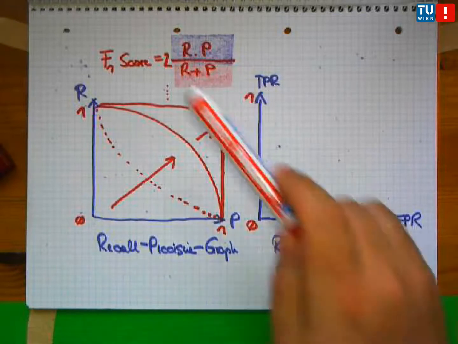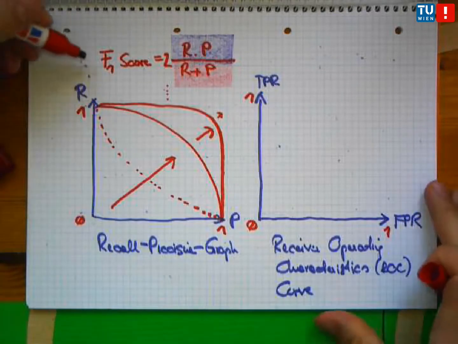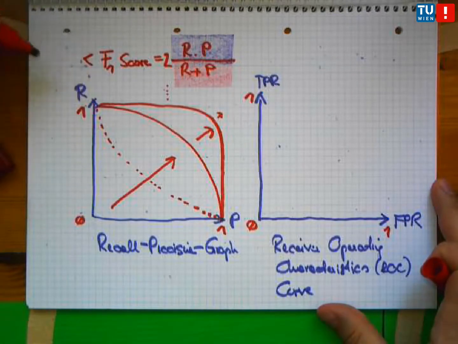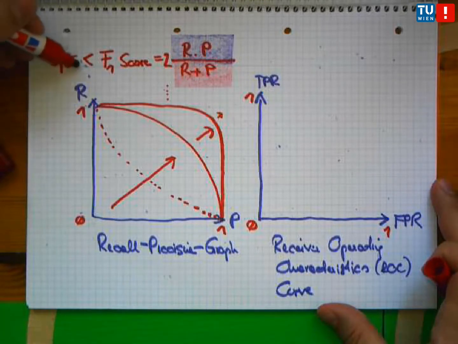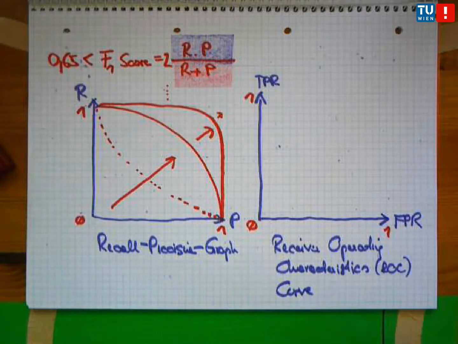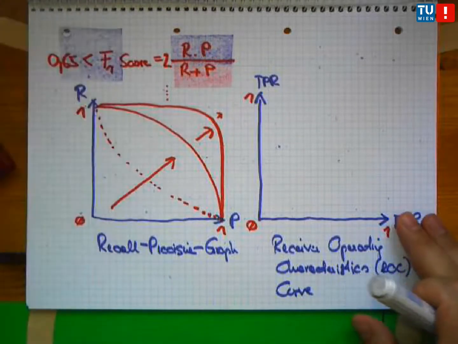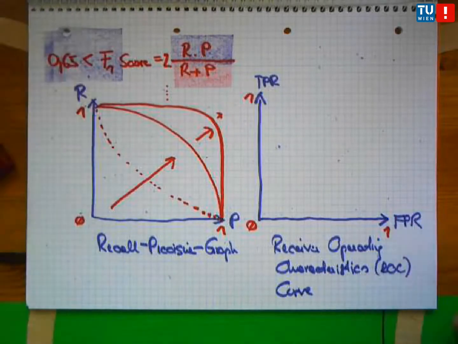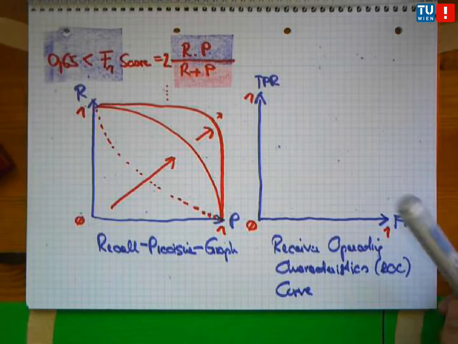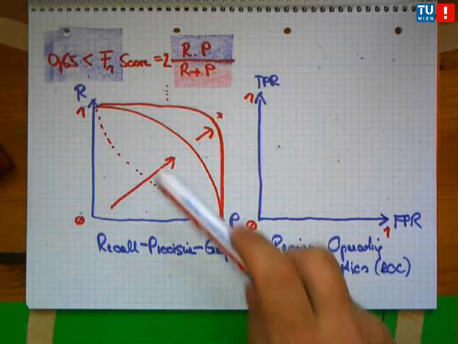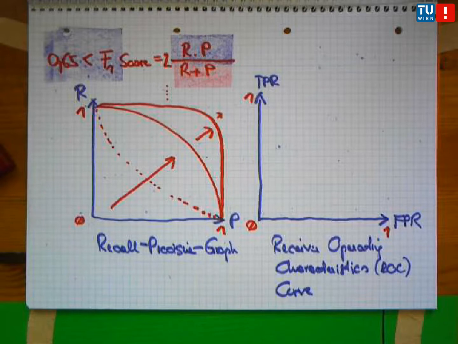So if you have a high F1 score, something greater than maybe 0.65, which is a good value today, then you are actually working with a very competitive, very good system. It is, due to this 2 here, also defined on a scale of 0 to 1.